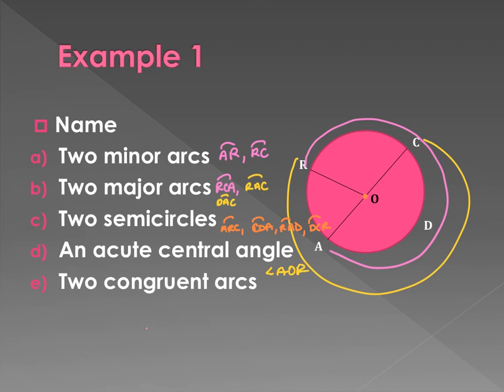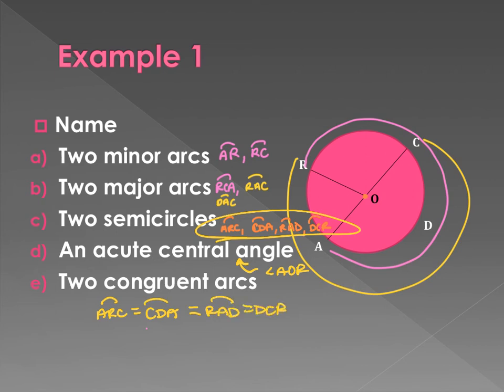AOR or ROA. And 2 congruent arcs: ARC is congruent to CAD. Good, like any of these, right? Those are the only ones we know measures of. ARC could be equal to CDA, could be equal to RAD, could be equal to DCR. Any of the semicircles would be equal to each other. But you only needed 2.